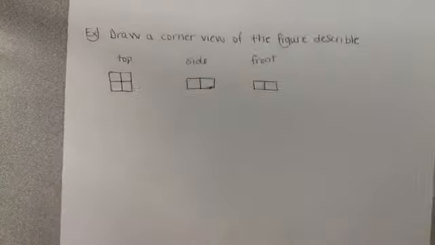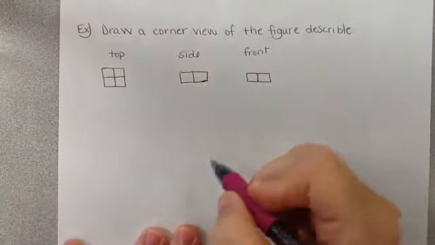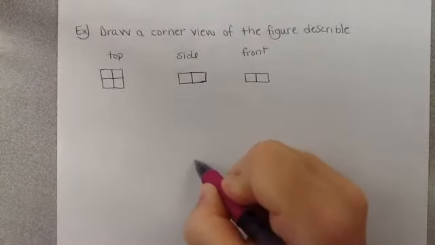The last type of problem we're going to try today is drawing it based off of what we are given. So it says draw a corner view, and on your homework you'll be given some dot paper to help you with this. So draw the corner view of the figure described. I'm going to start with the top. And again, you'll have dot paper.